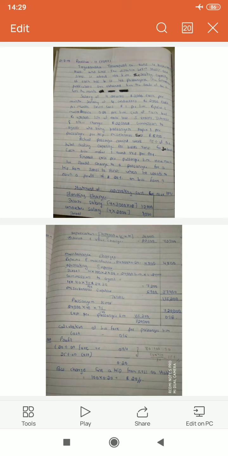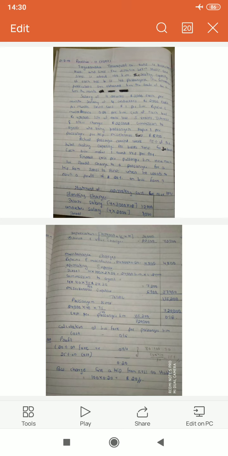Now, specifically given in the problem, when the operator or the transport owner wants to earn a profit of 20% on bus fare, how much should be the price or rate that should be quoted by the operator to ply from Sirsi to Hubli? 20% on bus fare is equivalent to 25% on cost, because during our 5th semester itself, in innumerable problems, I have solved the methodology under which the percentage of profit on selling price and the percentage of profit on cost price have been debated.